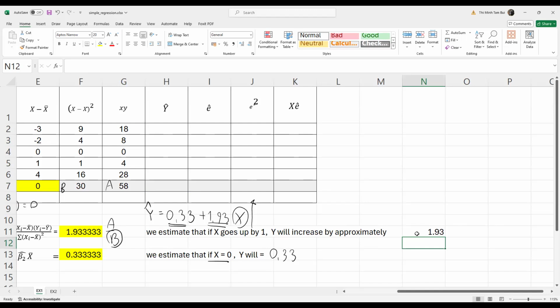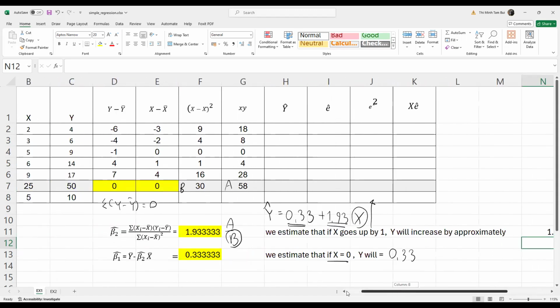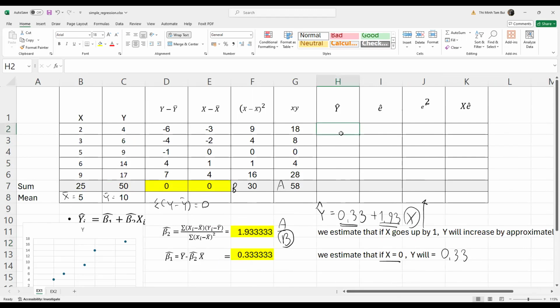Okay, so we will try to make a forecast Y together in this column. So this is Y hat. How can we do it?